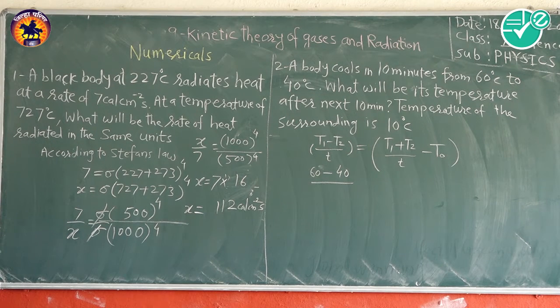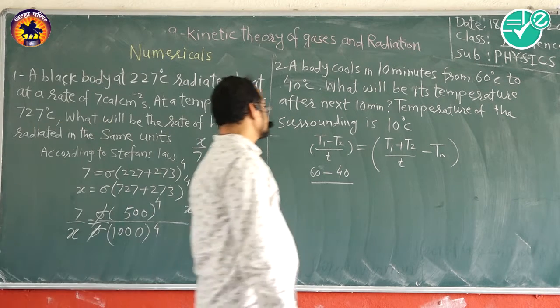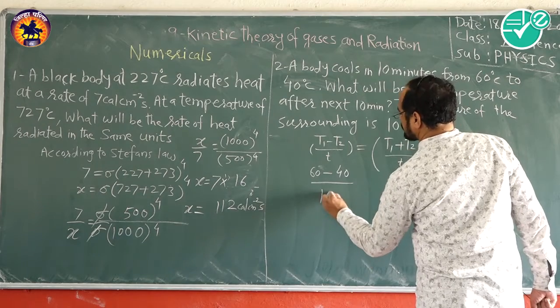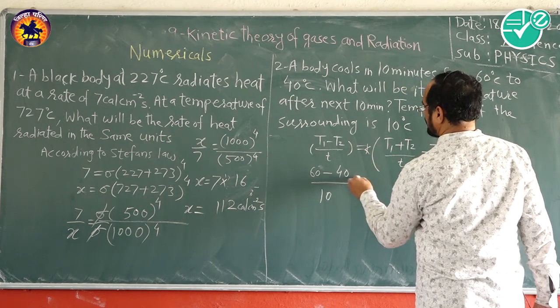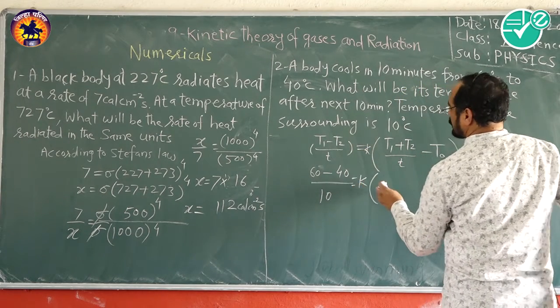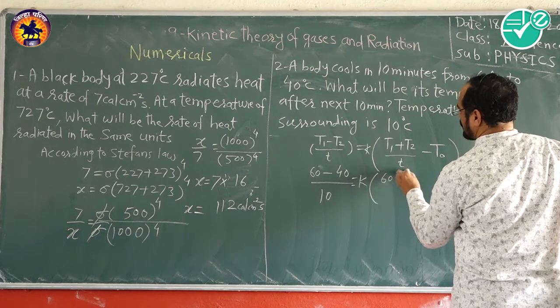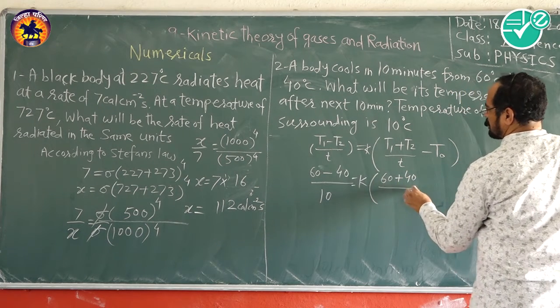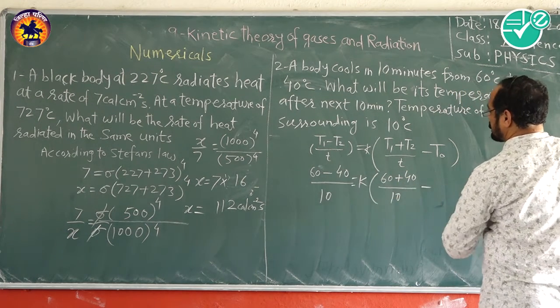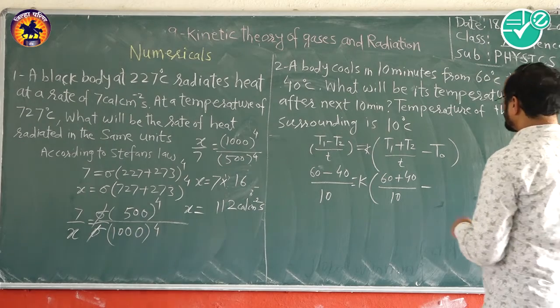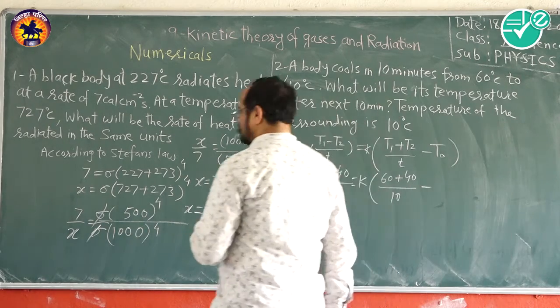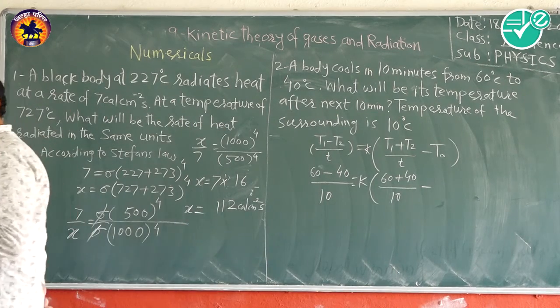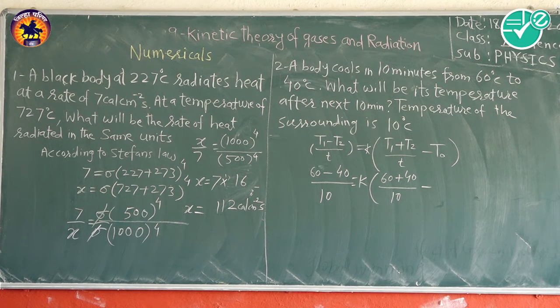So we can write 60 minus 40 upon 10 is equal to K into (60 plus 40 upon 2 minus 10), where 10 is the temperature of the surrounding.